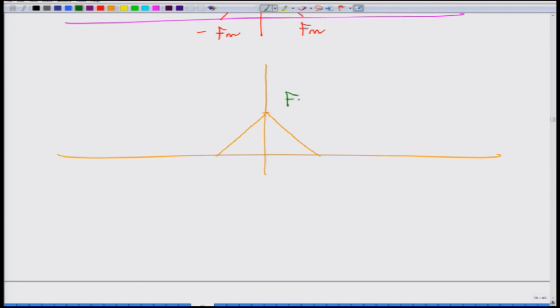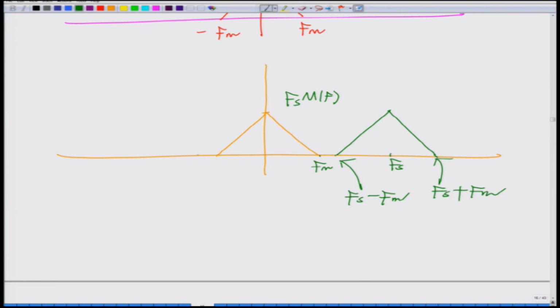So, this is your copy Fs into M(f). Now, you are going to have another copy over here. So, this is Fm, this point is Fs minus Fm, this point is Fs plus Fm.